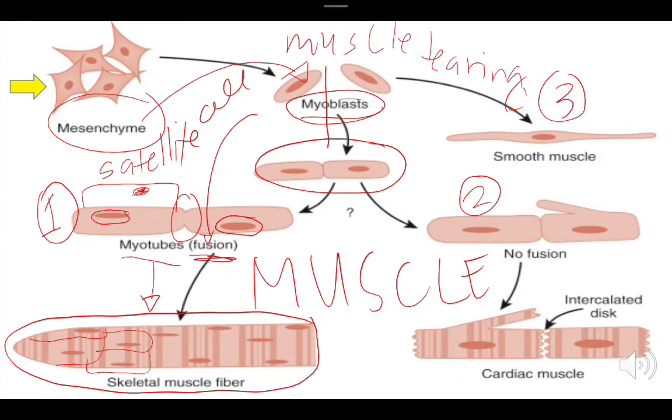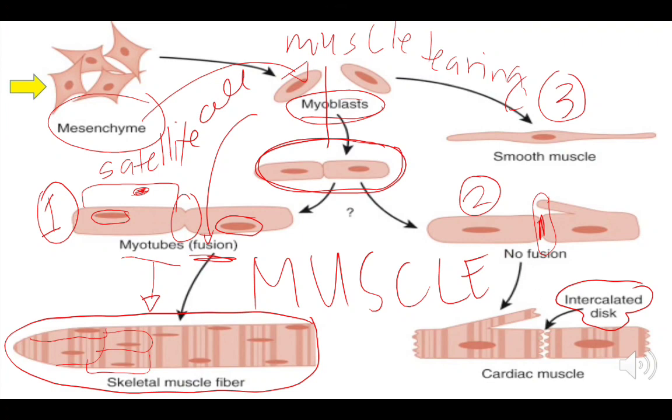For the option 2 naman, if the myoblast decided to join together but doesn't want to do the fusion, they can still do it. Pero they will have this parang barricade between the two. And that is what we call the intercalated disc. So that intercalated disc represents now your cardiac muscle.